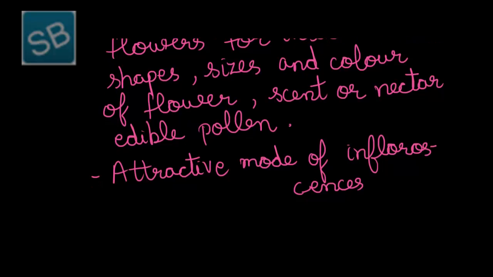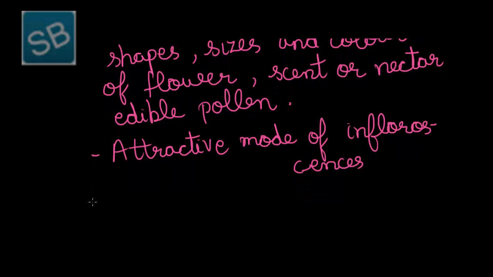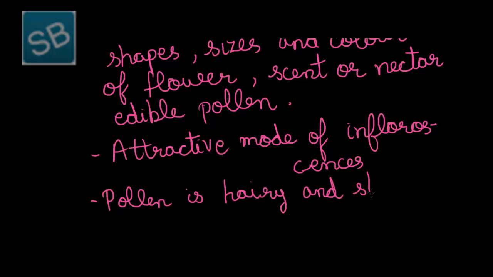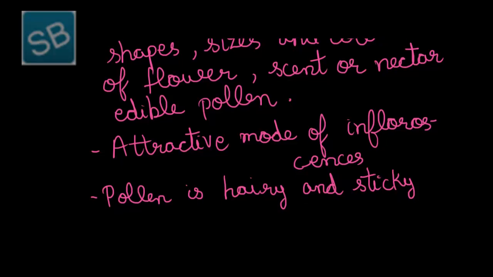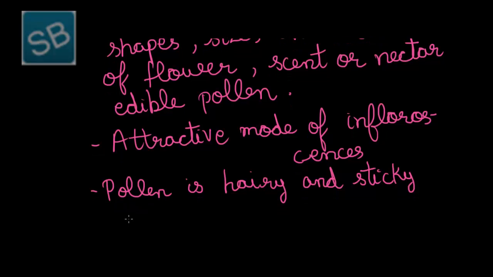In such a kind, pollen is generally hairy and sticky, so that it can easily get attracted or attached to the insect. Apart from that, pollen is also produced in low amount, so that the wastage of pollen can be avoided.